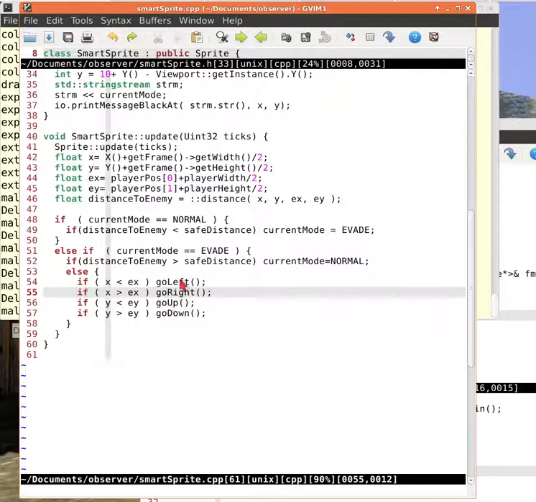So I just want to make sure my direction is away from the bad guy. Okay, so that's in a nutshell how I make a smart sprite, how I give a sprite some intelligence. I simply use a state-based approach, and I use the Euclidean distance formula to see if I need to evade.